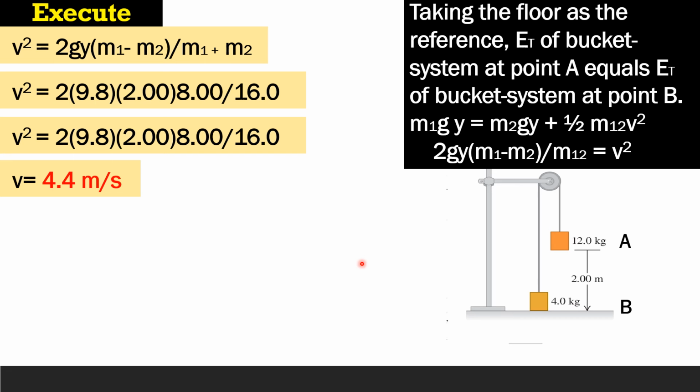But just to show you that using Newton's laws of motion can still be applied, or was actually applied when you were discussing application of Newton's three laws of motion, here we will do it, just to convince you that, as a matter of fact, Newton's second law as well as the third law are actually the basis for having this equation for the principle of mechanical energy being conserved.